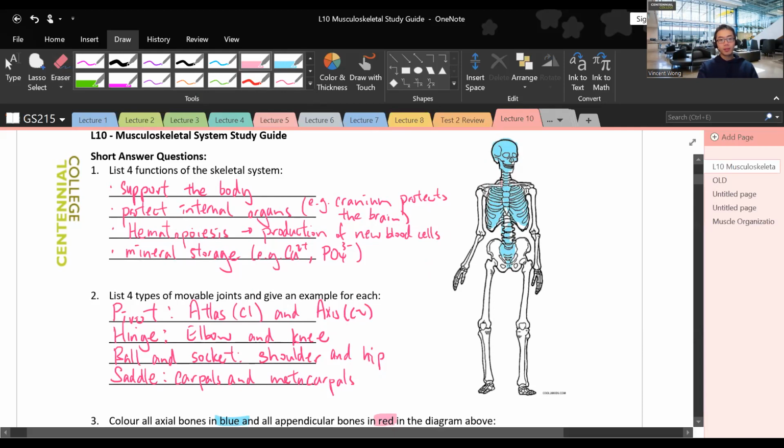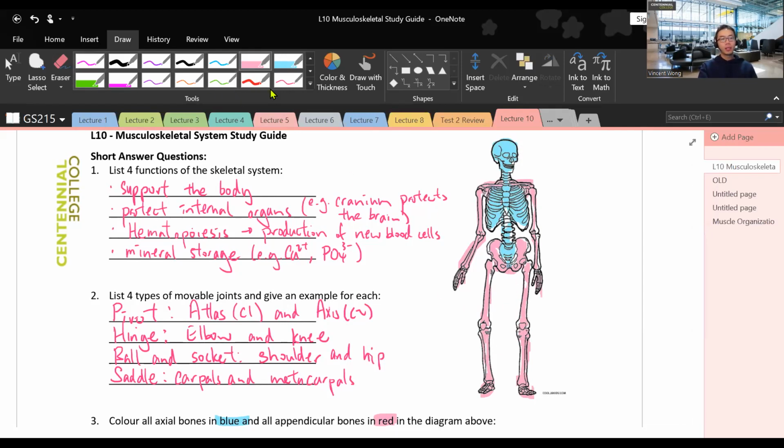Okay, so appendicular includes the clavicle, the scapula at the back, humerus, ulna and radius, bones of the hand, your pelvic bones, femur, tibia and fibula, as well as all the bones in the foot.